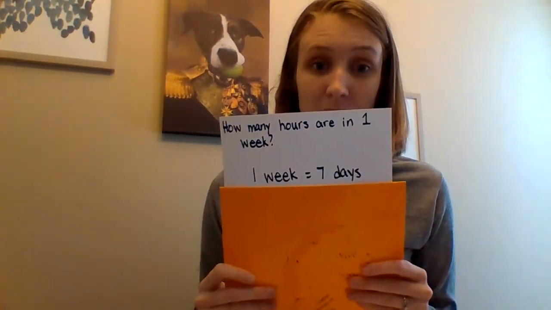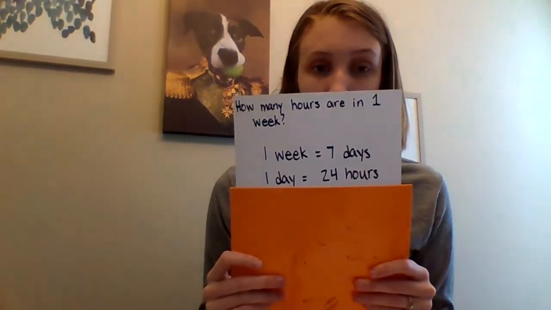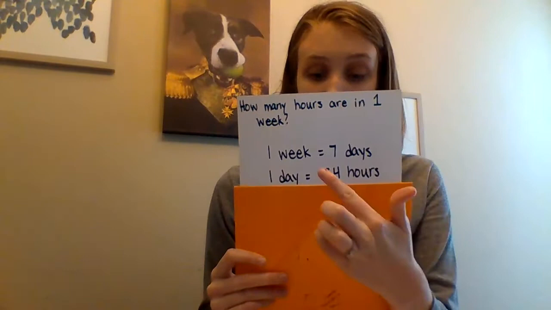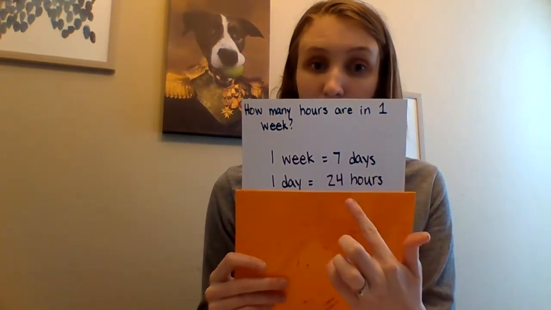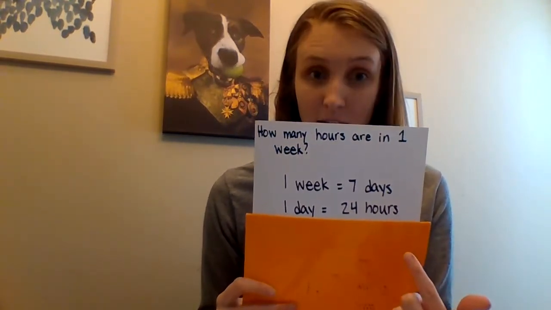So in 1 week, there are 7 days. I also know in 1 day, there are 24 hours. So you have 7 groups with 24 hours in each group. 7 days, 24 for each day.